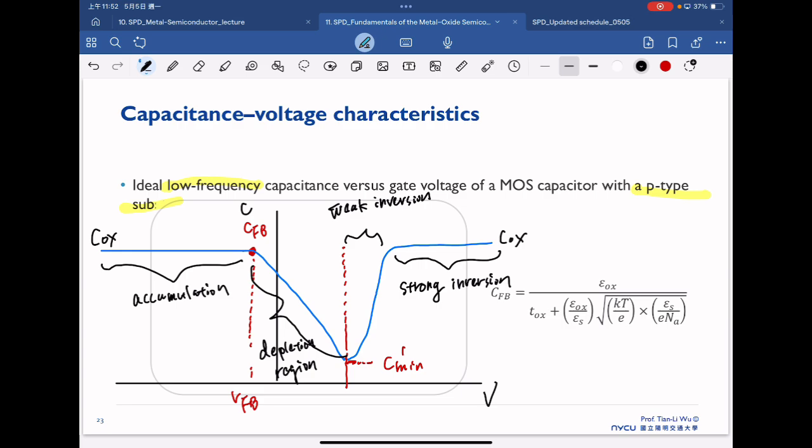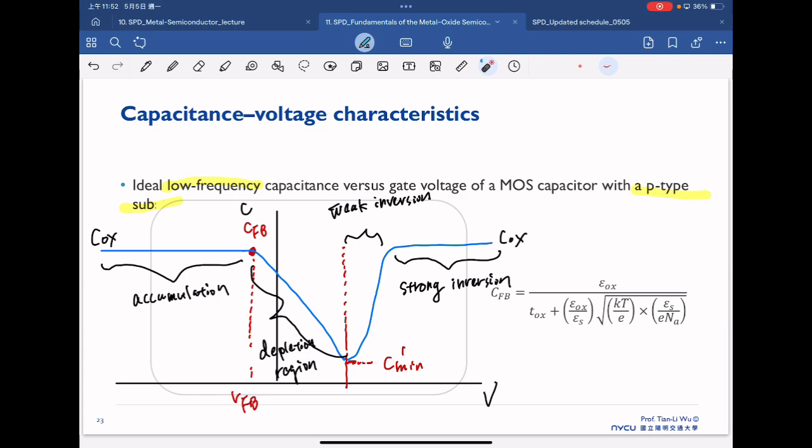And this formula is described for the flat band condition, under the flat band voltage. And this is the case for the ideal under the low frequency.